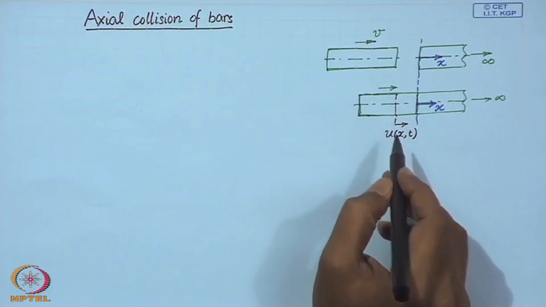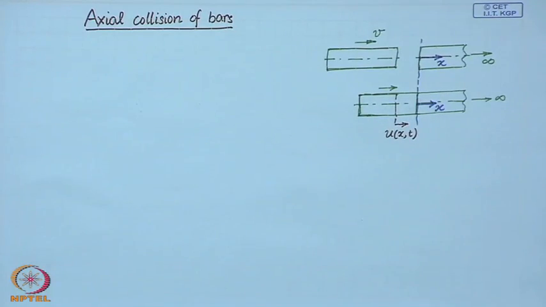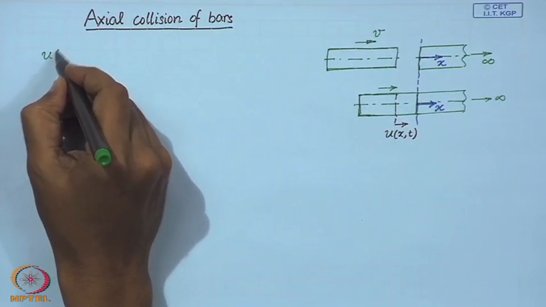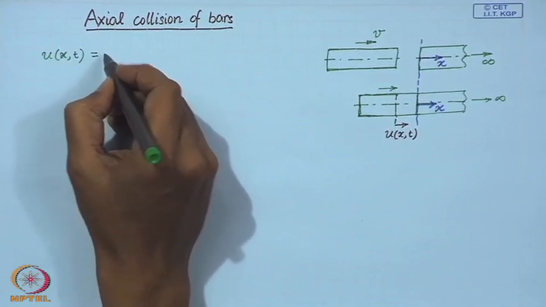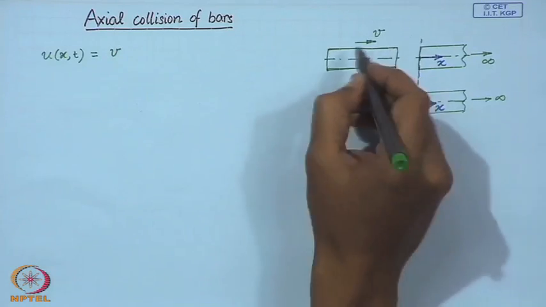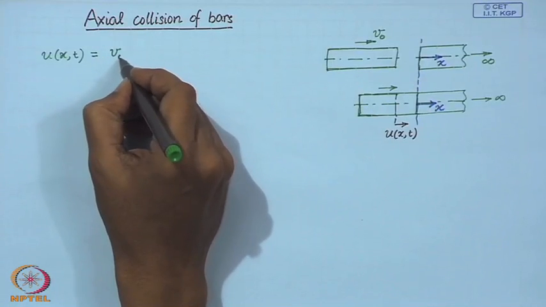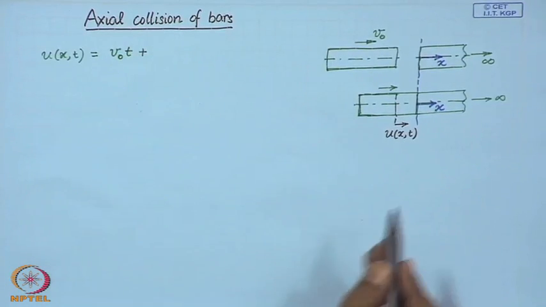Now, the motion of this finite bar just before collision, if I call this initial speed v0.